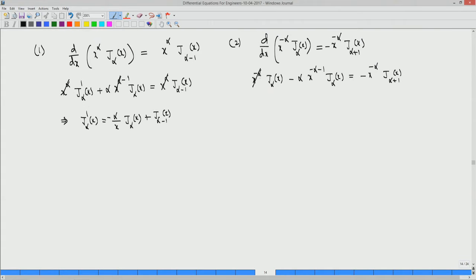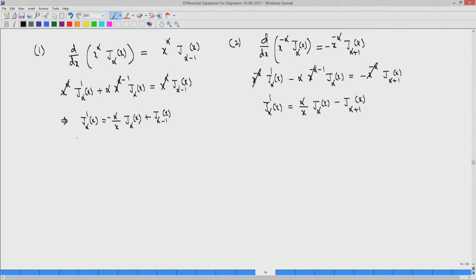Now you cancel x power minus alpha on both sides, so what you have is J alpha dash of x equal to alpha by x J alpha of x minus J alpha plus 1 of x. This is what you have.